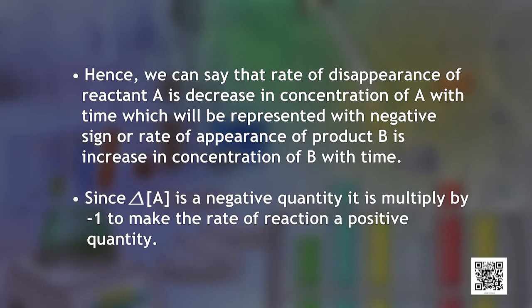Since delta [A] is a negative quantity, it is multiplied by -1 to make the rate of reaction a positive quantity. The equations shown here are called average rate of reaction, which depends upon the change in concentration of reactants or products and the time taken for that change to occur.